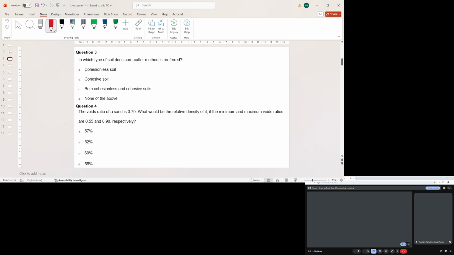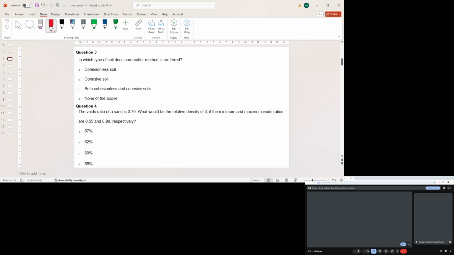And once it is completely inserted, you take the core out containing the soil. You measure the weight of the soil and you know the volume of the mold, so you can get the weight by volume, the bulk density of the soil.